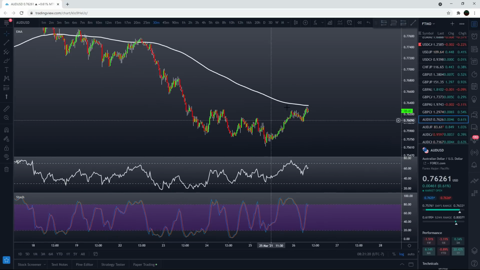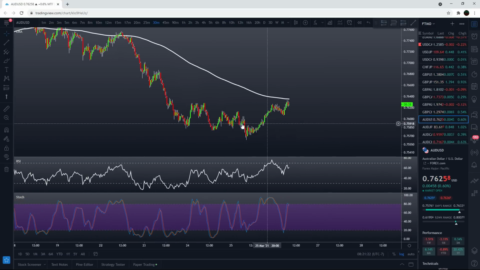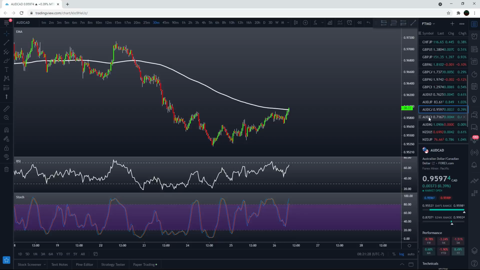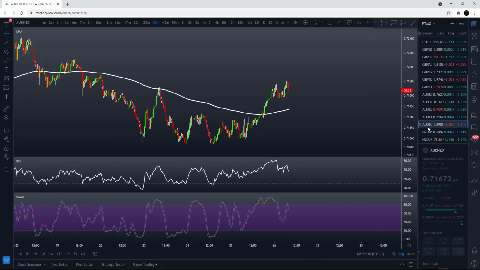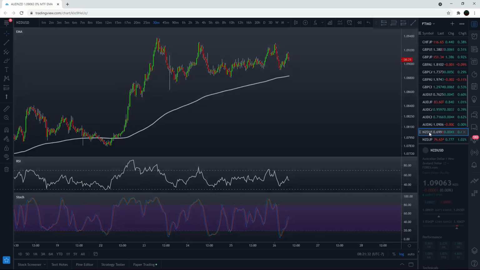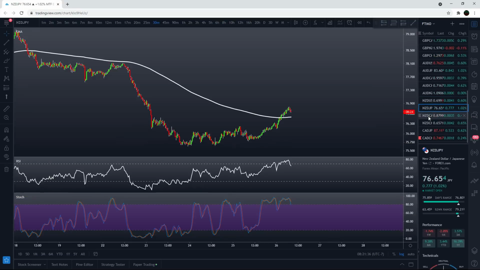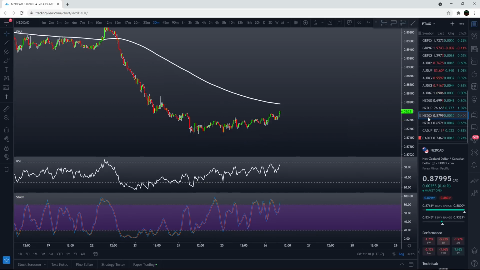Okay, we got a pullback here, but once again, the degree of the pullback just isn't good for the 30-minute time frame. Yeah, same with that one. A lot of these are in larger degree pullbacks where you can't really get a nice setup on a 30-minute time frame.